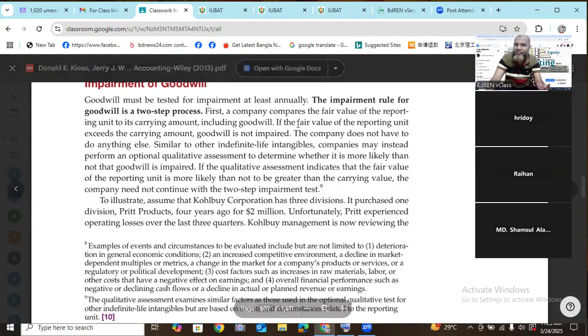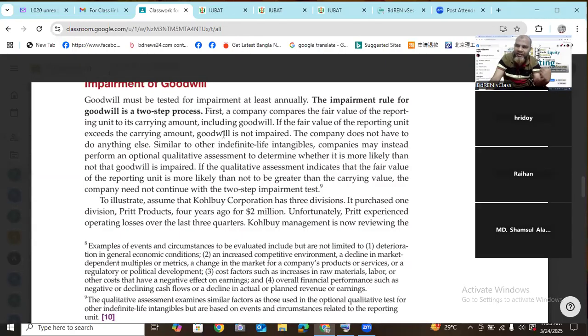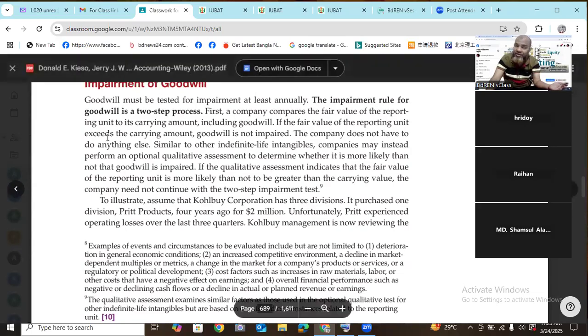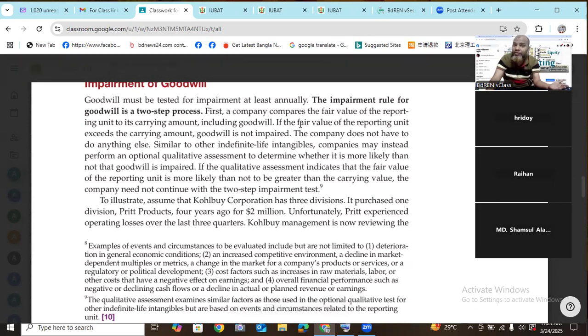So if, for example, the goodwill fair value is more than the carrying amount, then there is no impairment of goodwill. In the opposite scenario, if the carrying amount exceeds the fair value, then there will be an impairment.